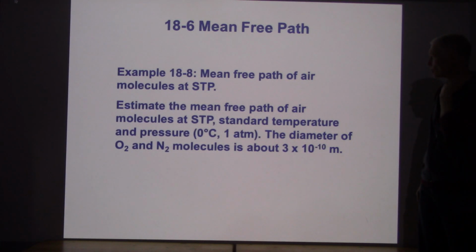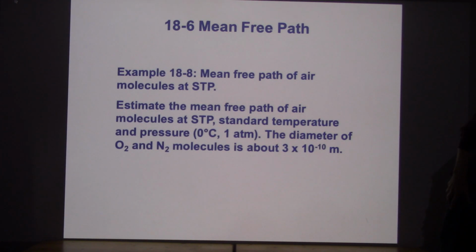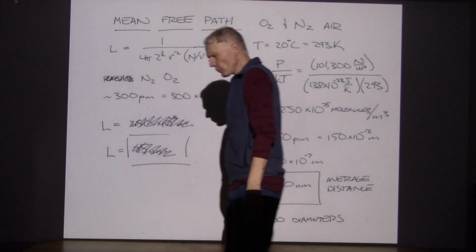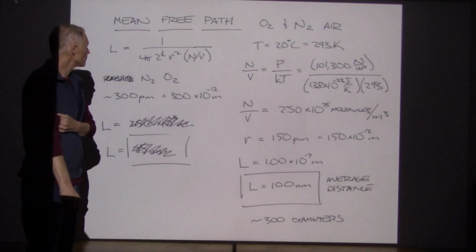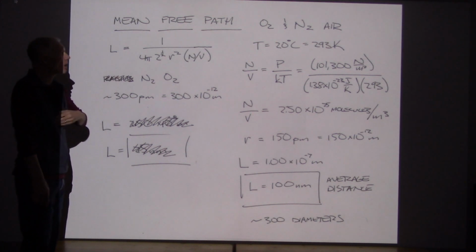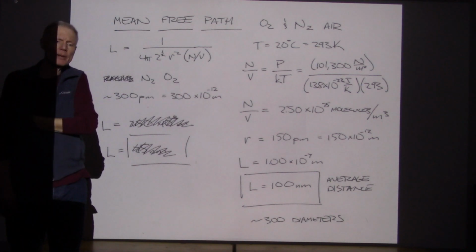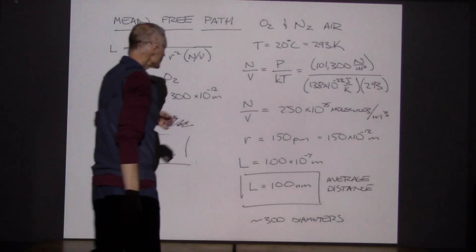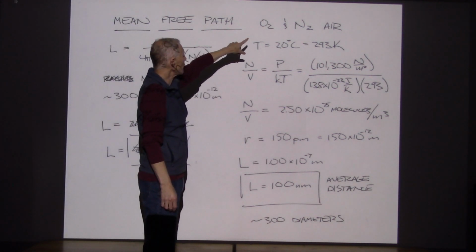Atoms and molecules tend to be a few hundred picometers in size. So let's see what this problem looks like once we get this set up. Here's the formula. This is telling me on average how far an air molecule is going to travel before it runs into another air molecule. And we're thinking in terms of O2 and N2.